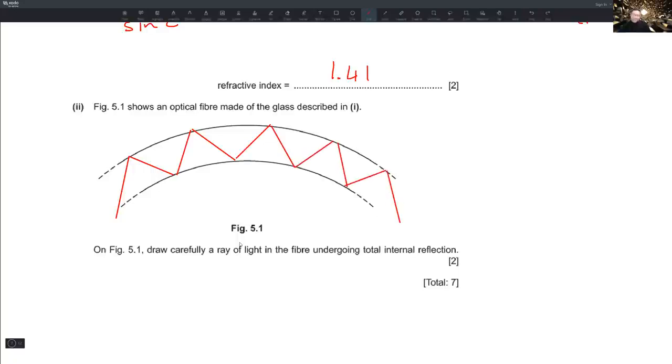You feel like reflection and you start drawing tons and tons of reflections. Do not do that. This is completely wrong because the angles here are all less than critical. It doesn't work.